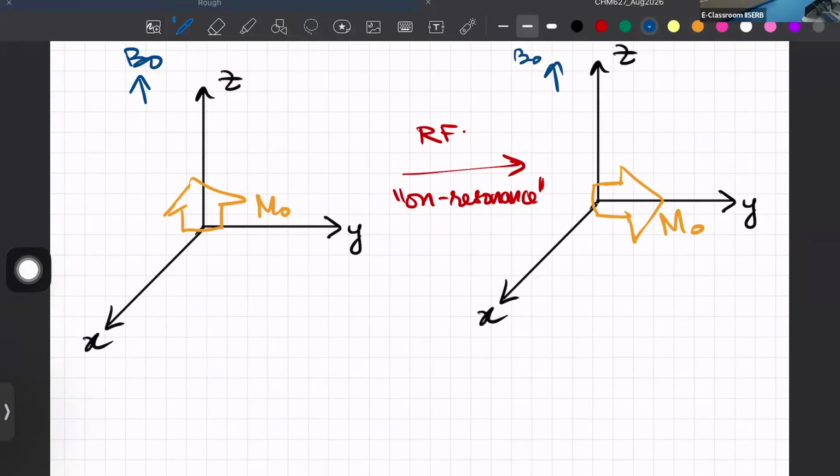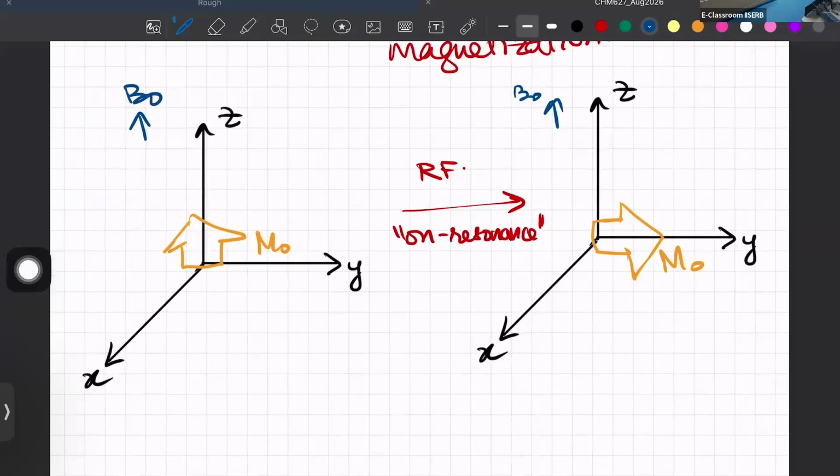How do we do this? We are applying a pulse along the x-axis. Let's say the M naught precesses, but somehow when it comes to the y-axis, we turn it off. Okay, that is the pulse. Therefore, you apply the pulse for a short duration. That's also why it's referred to as a pulse. You don't apply it forever. It's a very short duration perturbation, which is what we refer to as a pulse.